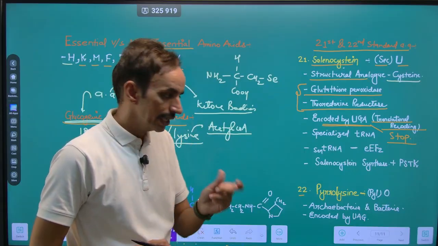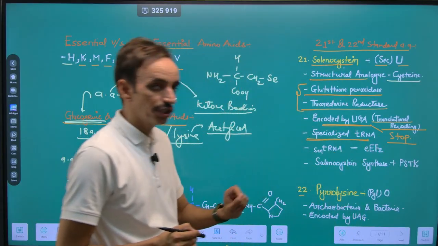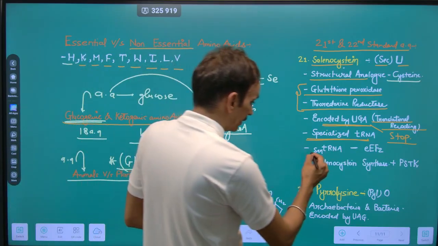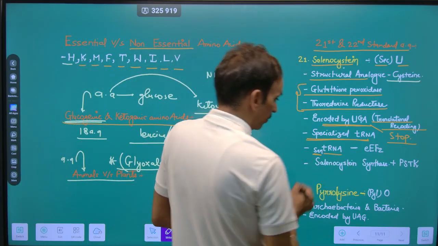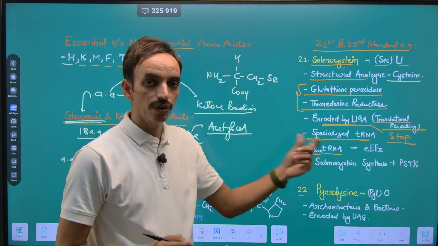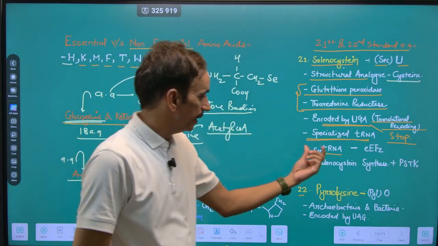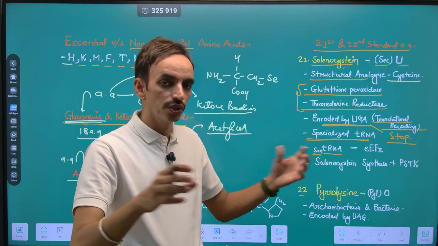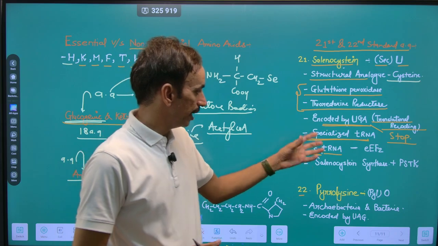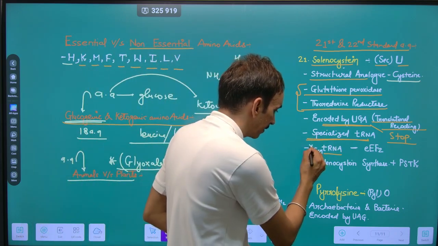There is a specialized type of tRNA which is charged with serine first. For the insertion of selenocysteine in the polypeptide, it is not the ordinary tRNA, it is a different type of tRNA which is first charged with a serine.